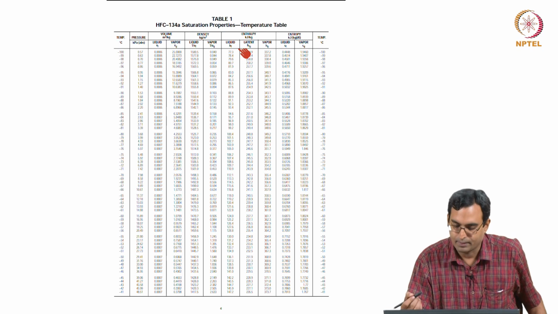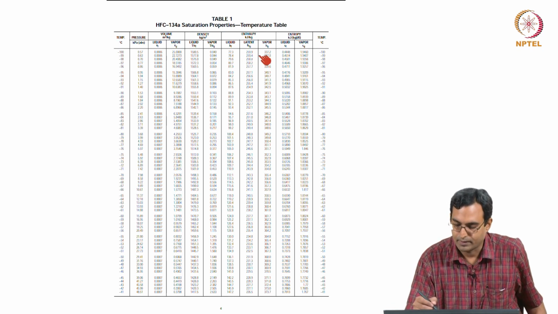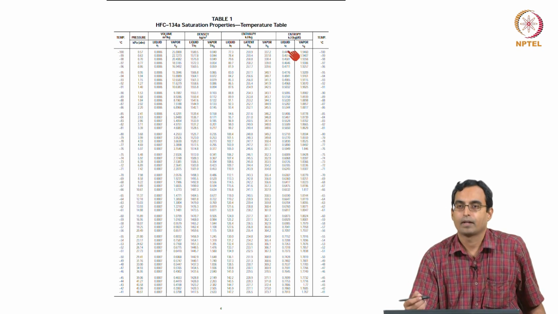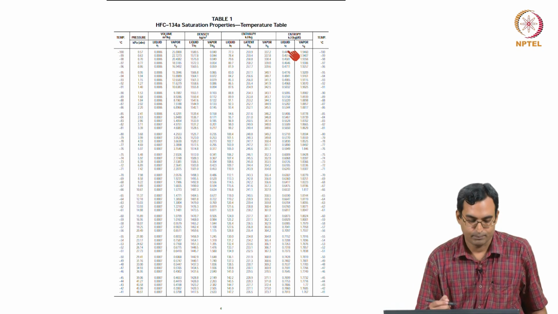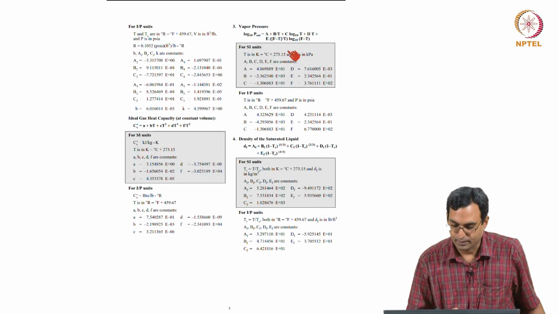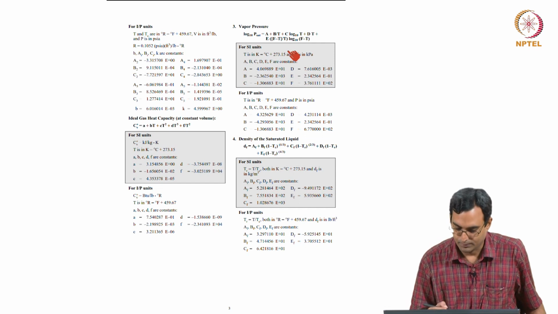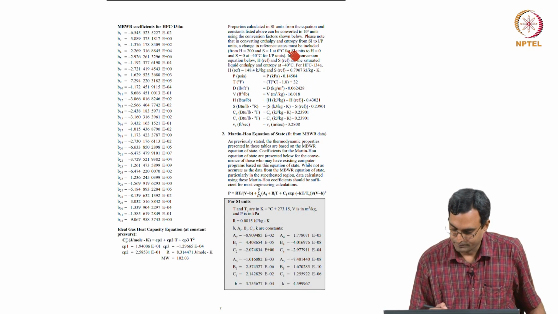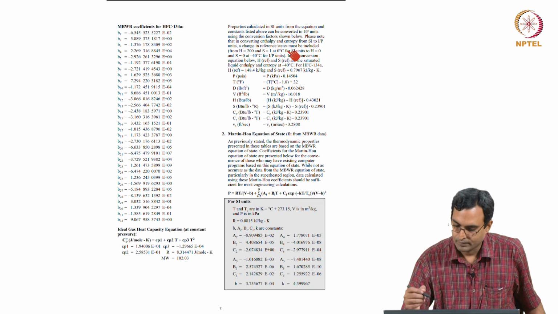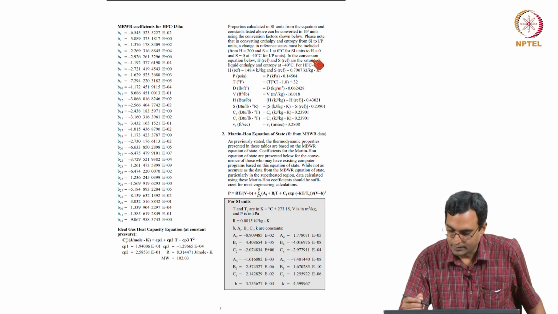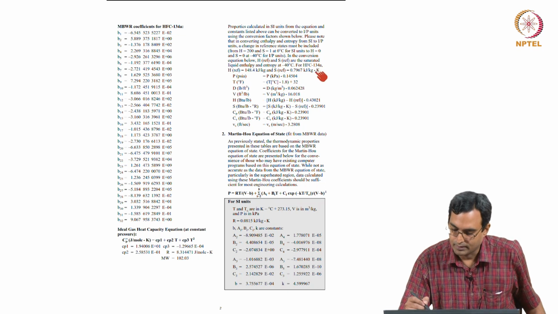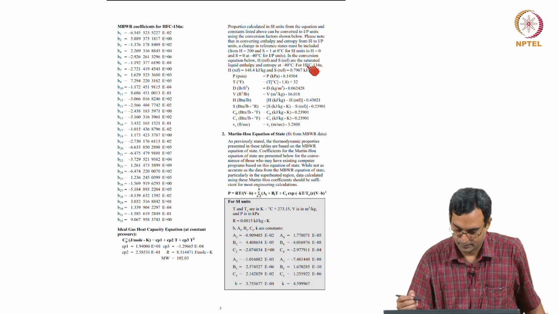enthalpy at some temperature lower than this, whereas the other table has the reference as something else. If I look at this table over here, it would tell me somewhere that the reference is something else.